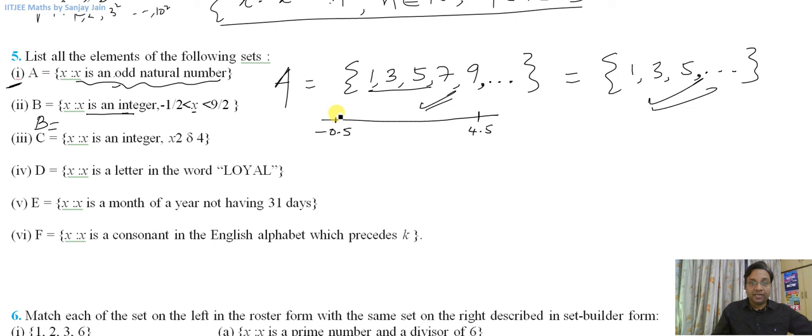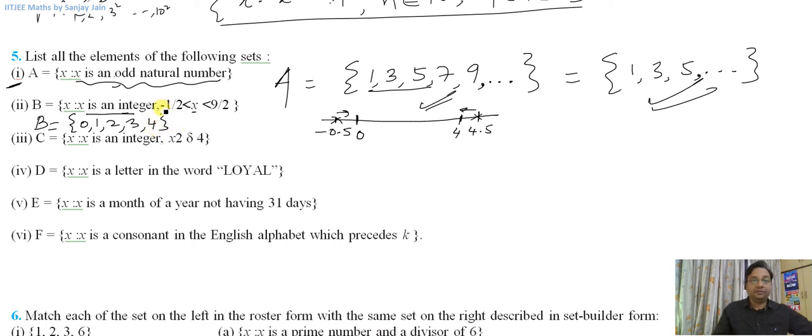So we have to look for the integers. After this will not be included, and before this, because this will also not be included. So before this, I'll have this integer 4, and after this, the first integer that I'm going to have is 0. So the integers that I'll have as my answer are 0, 1, 2, 3, and 4.